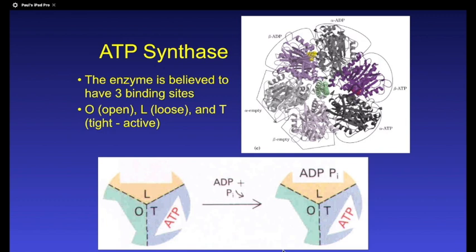What we're going to call this shape right here that doesn't have anything bound to it, they're going to call it the open site. This shape that's a little bit more compact actually has ADP bound and a Pi bound. This is called the loose site. And then this particular conformation that is the most compact actually has the ATP bound.